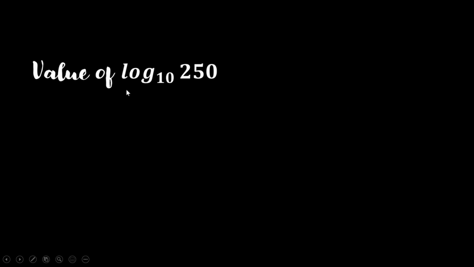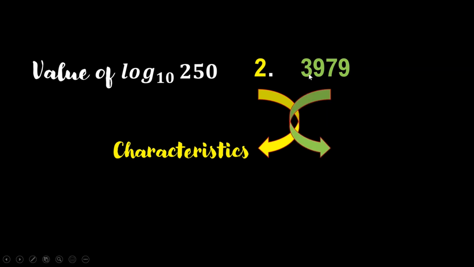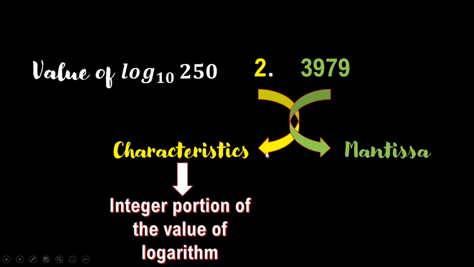In order to find the actual value, the logarithm of 250 is 2.3979. This we can find with the help of a calculator because it is with base 10. Now this 2, the integer value, we call the characteristic. And this value 3979, which comes after the decimal point, we call the mantissa. The characteristic is the integer portion of the value of the logarithm.